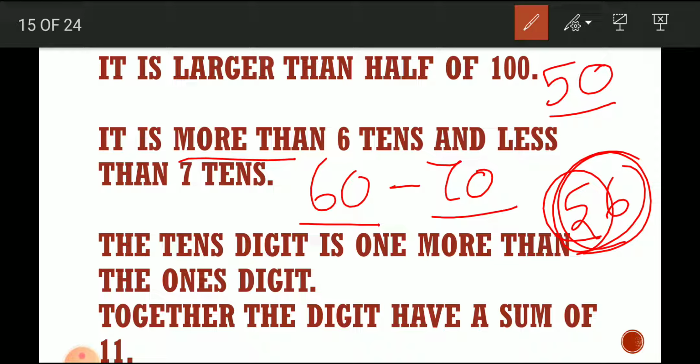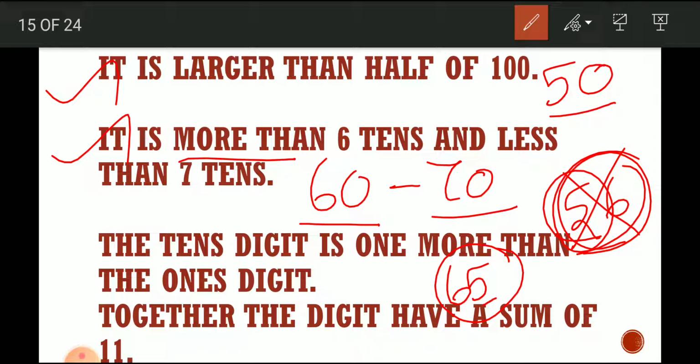So now let me revise. 65: see the first clue, this is larger than half of 100. Yes, that's right. Then it is more than 6 tens and less than 7 tens. Yes, the second clue is also correct. Then the third one: the tens digit is one more than the ones digit.